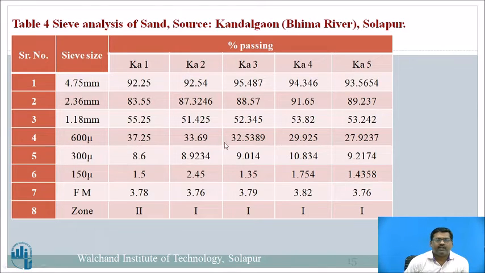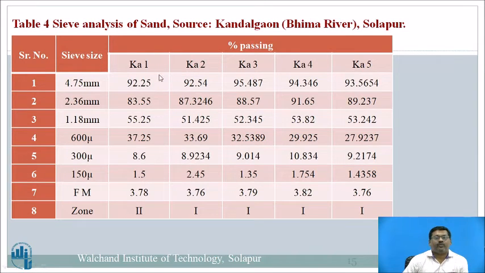So 37, 33, 32, 29, 27. If you observe, these 2 samples, K1 and K2, have a higher content of 600 micron fines. And as you go towards 3, 4, 5, the 600 micron contents are reducing.